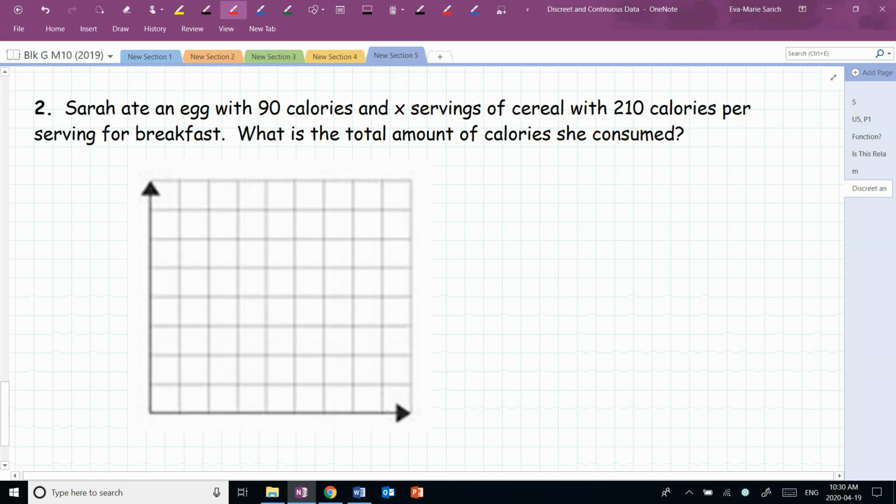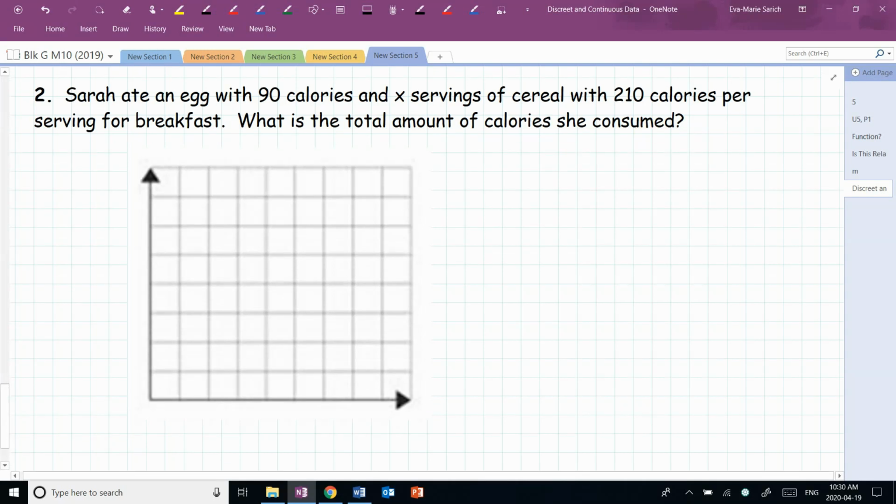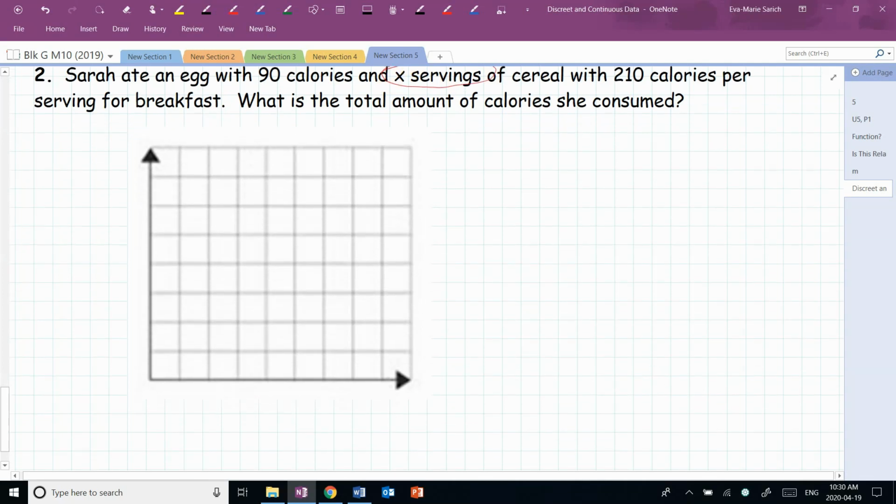So the first thing we need to do is to figure out which is the dependent and the independent. We've been given an X here for servings, so the X is the hint. Remember, this is the X and this is the servings of cereal. The other thing being measured here is the amount of calories.